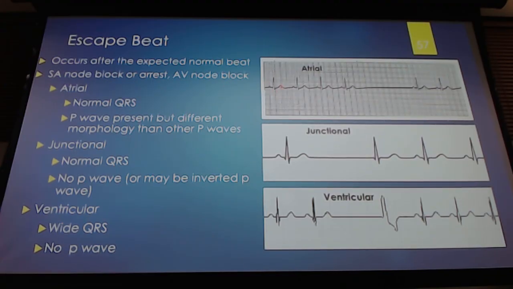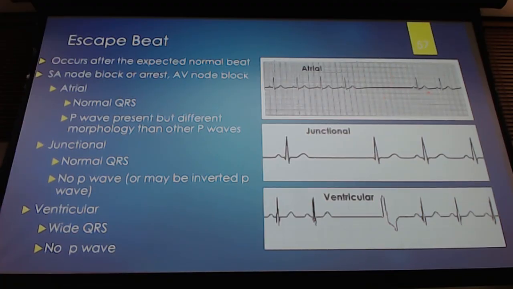So here we have PQRST, PQRST, looks like it's pretty regular, and then we have this whole time frame before something else picks up. Now yes, is this considered a sinus arrest or sinus block, depending on what the length is? It is.